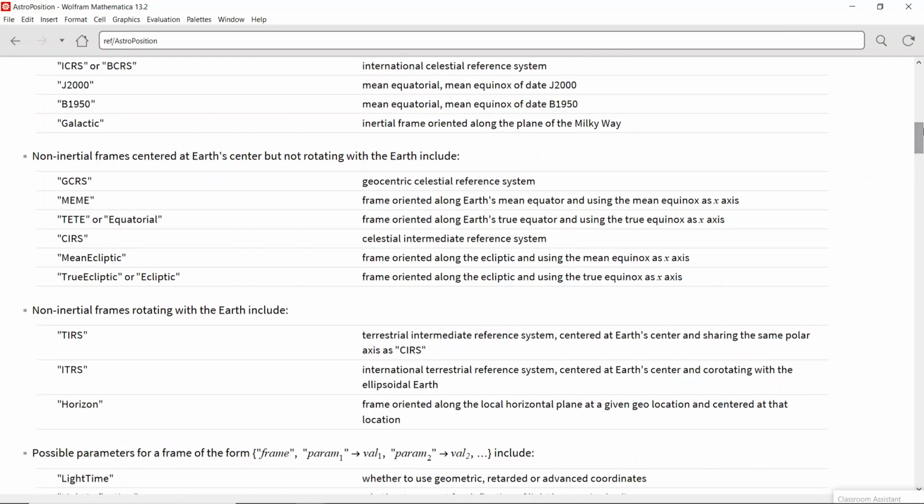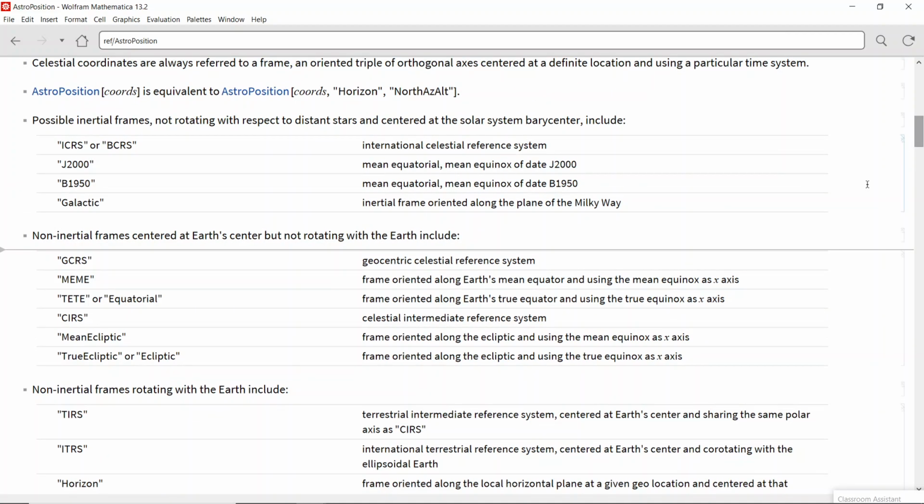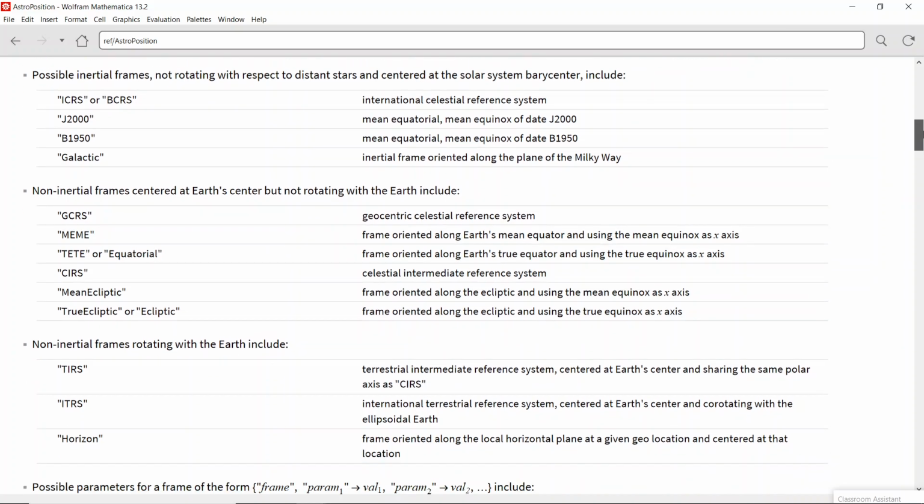Non-inertial frames centered at Earth center but not rotating with the Earth include GCRS, Geocentric Celestial Reference System; MEME, frame oriented along Earth's mean equator and using the mean equinox as x-axis; TETE, equatorial frame oriented along Earth's true equator and using the true equinox as x-axis; CIRS, Celestial Intermediate Reference System; mean ecliptic, frame oriented along the ecliptic and using the mean equinox as x-axis; true ecliptic, frame oriented along the ecliptic and using the true equinox as x-axis.